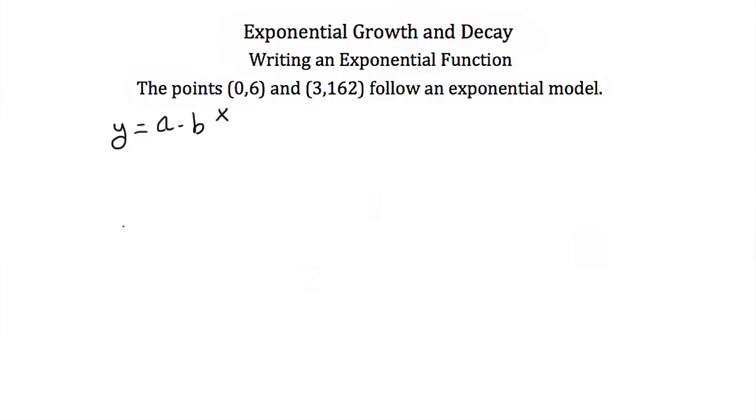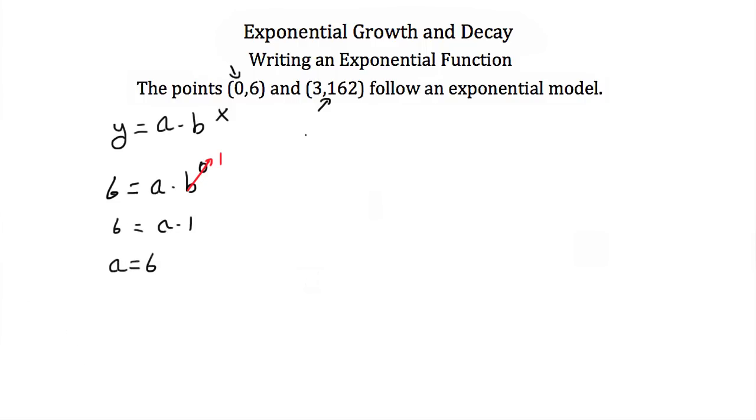Now I can plug in these 2 points for x and y, and I'll get 2 equations that I can use to solve for a and b. If I plug in the first one, my y is 6, a times b to the x, or the 0 power. Now, b to the 0 is just 1. A times 1 is equal to 6, so my a is equal to 6.